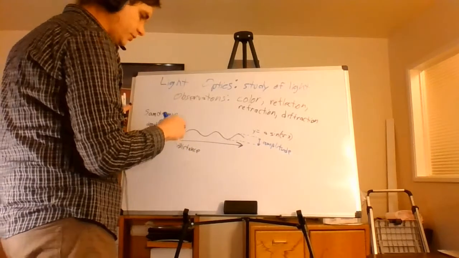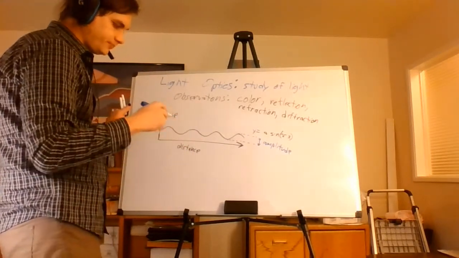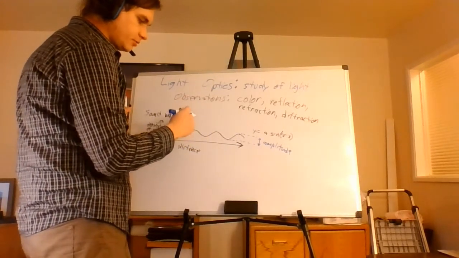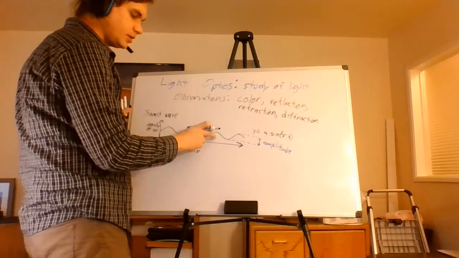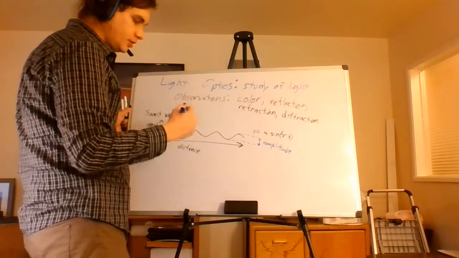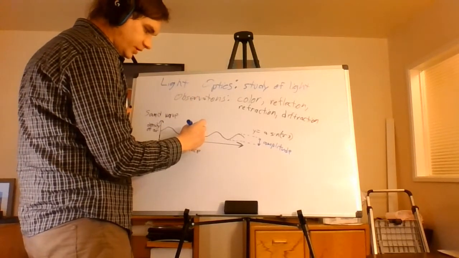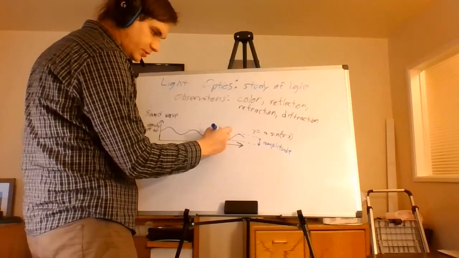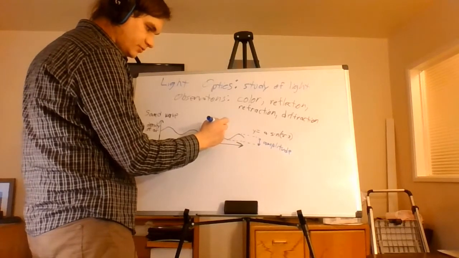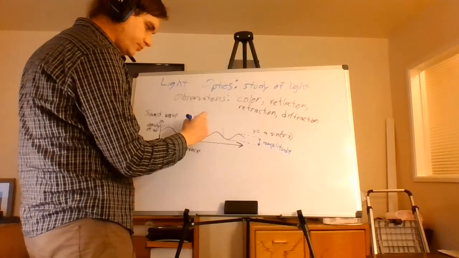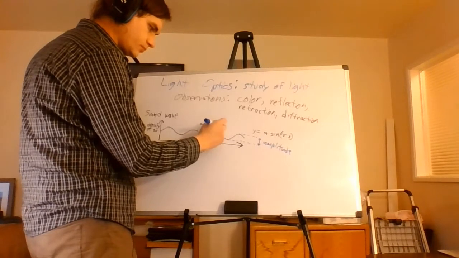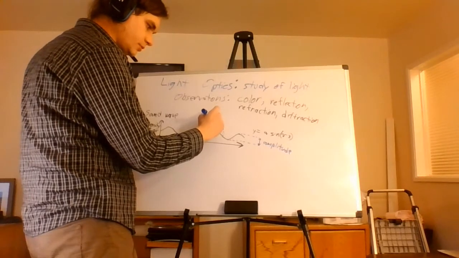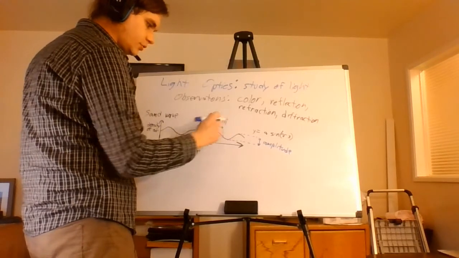You've got the high pressure here, the low pressure there, and we've got another property which we call the wavelength. So if you go from here to here, for example, this is the wavelength.